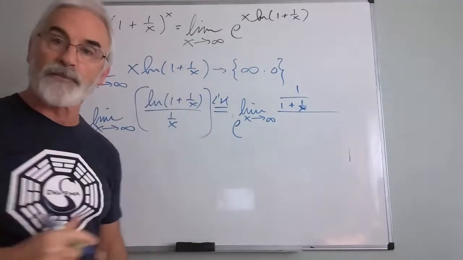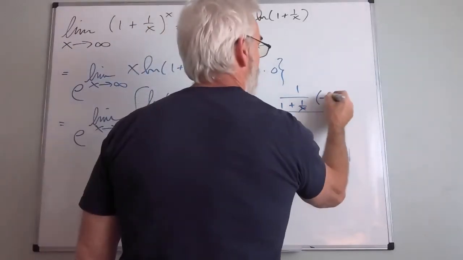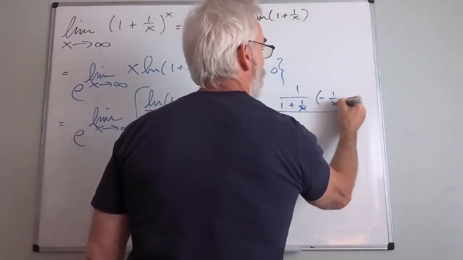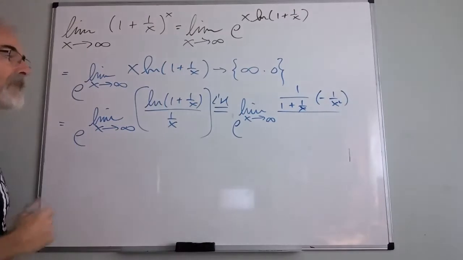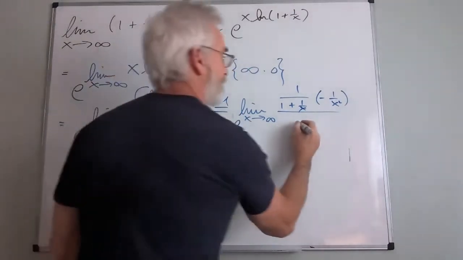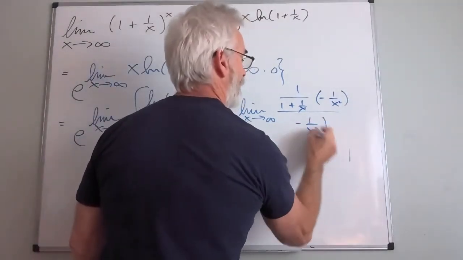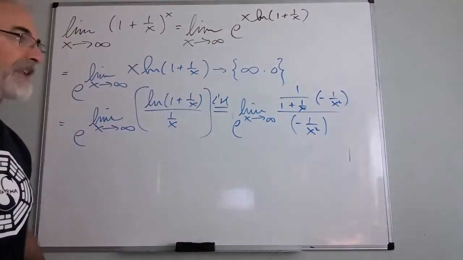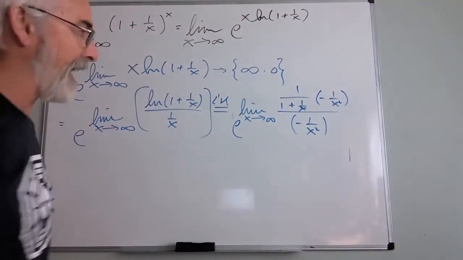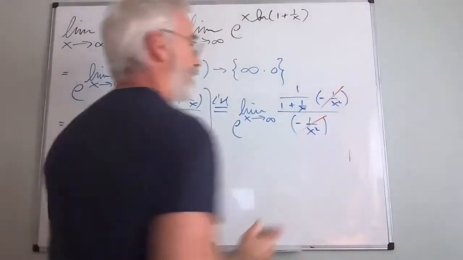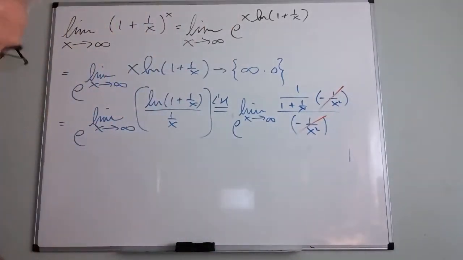The derivative of 1 plus 1 over x is negative 1 over x squared. The derivative of 1 over x is also negative 1 over x squared. Actually, I don't really need the parentheses. And clearly, I can cancel that. Got lucky on this one.